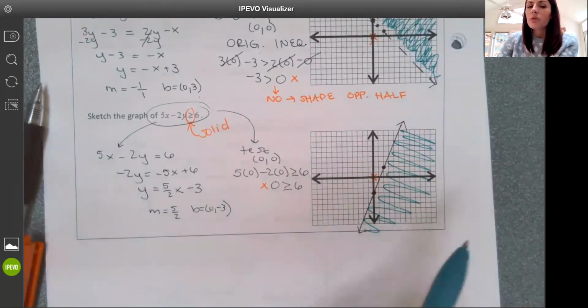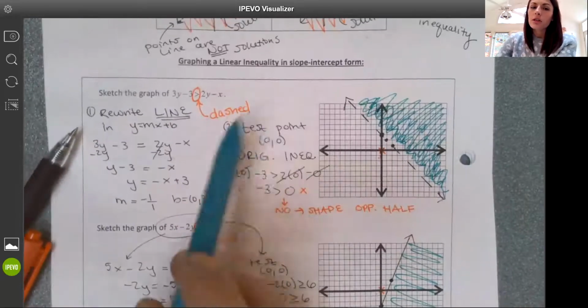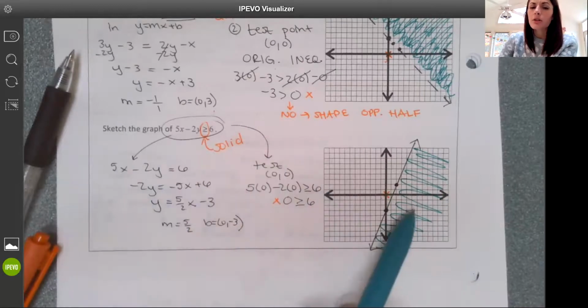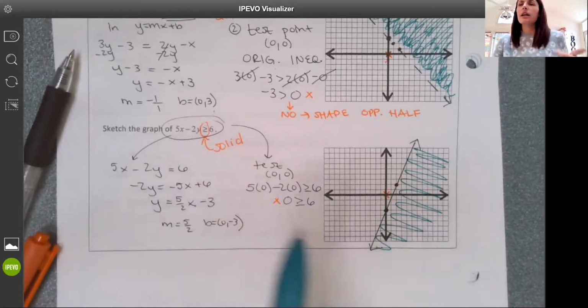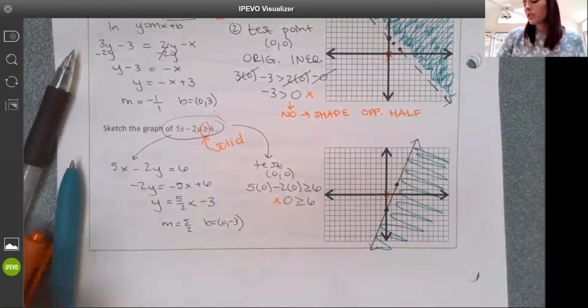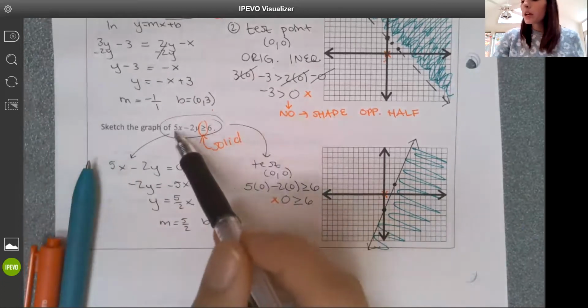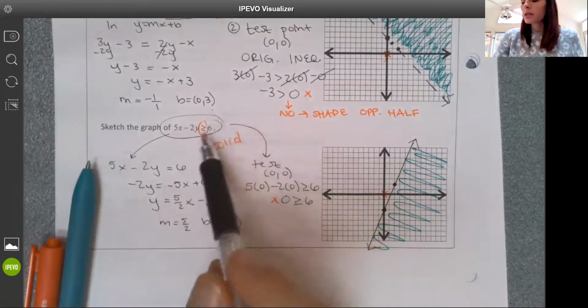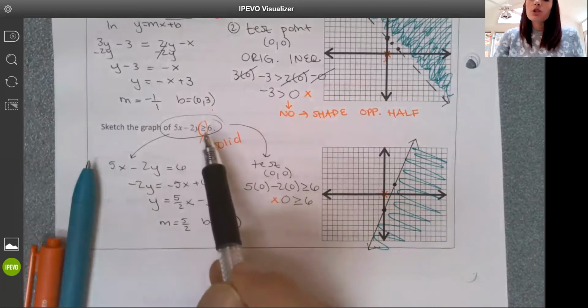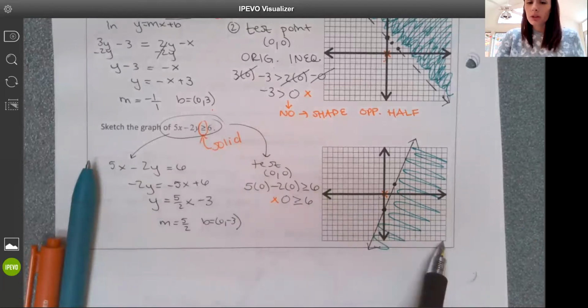Now you may be thinking, well, up here it was greater than, so it's above the line. This is also greater than, but it's below the line. Why is that? Kids kind of get caught up on, well, below would be less than, above would be greater than, and that is actually correct. The reason it's not true for this particular inequality is because if I had rewritten this into y equals and left the inequality sign, I would have divided by a negative, which means this inequality would have flipped and it would have been less than, which is why we're shading below the line.